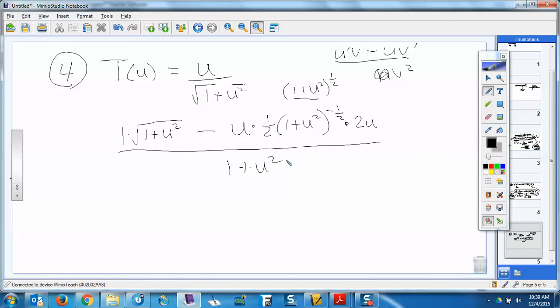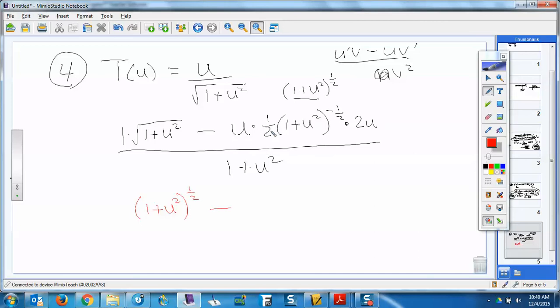Which is nice. Now, you notice that you have two things in quotient rule. You always have the u prime v part, and you have the u v prime part. And those two are separate things in terms. So now you deal with those, I think, individually. This one, there's really nothing I can do to that, so that's just going to stay. I'm going to write that 1 plus u squared to the 1/2 just to be consistent.